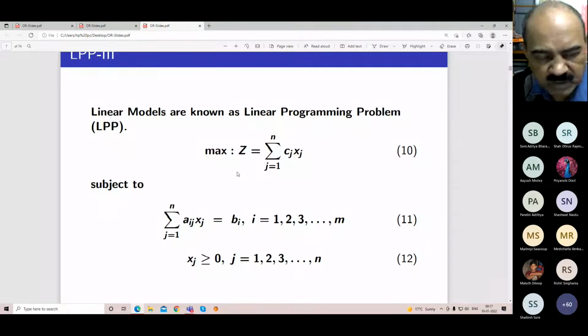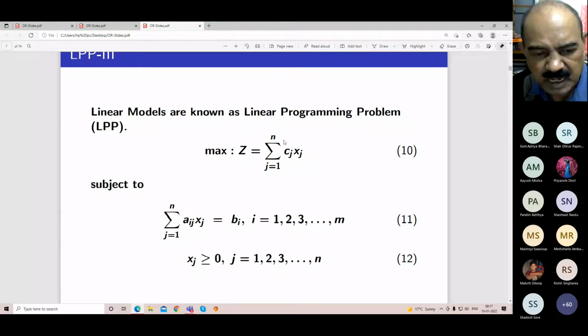We have an objective function we would like to maximize, subject to, say, m constraints. Now some restriction is imposed on m and n. They may be equal or may not be equal. Generally n is greater than m, or sometimes n is less than m, it may happen.